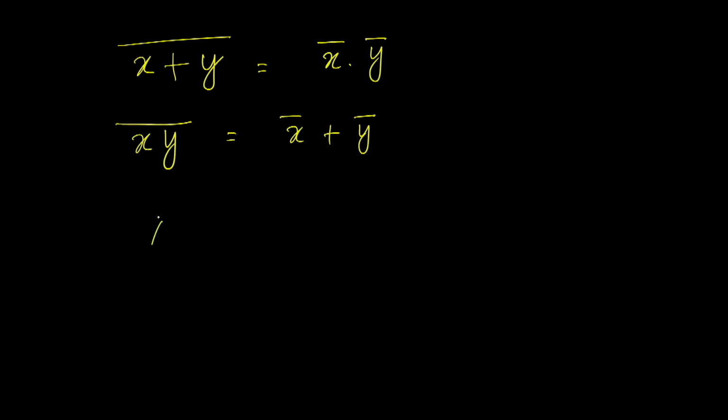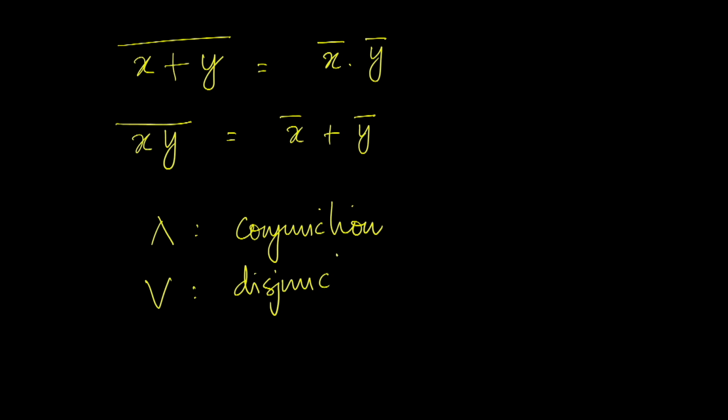By the way, an and is also called a conjunction, and an or is also called a disjunction. You should be familiar with these words. So these are the two De Morgan's laws.